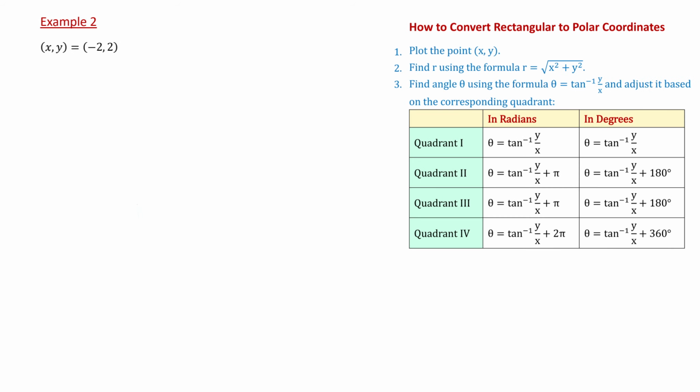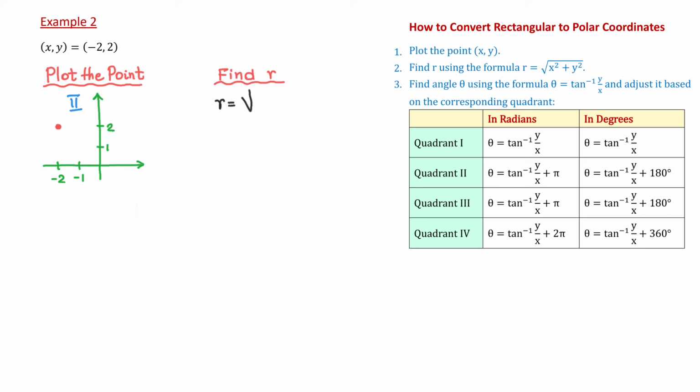Here we have a point with the coordinates -2 and 2, and we will start by plotting the point. And for this, we will move 2 units to the left and 2 units up. And here we see that this point is in quadrant 2. Now, in step 2, we will find r. r equals square root of -2 squared plus 2 squared.